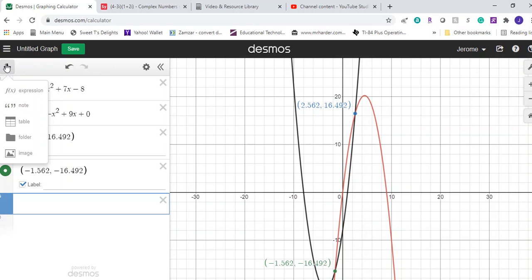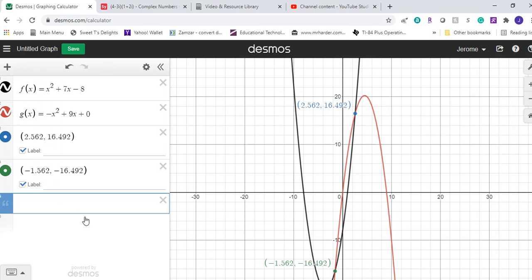So if we were going to put a note here, we would say that x must be, what's that, negative 1 point, well, I guess I should say greater than negative 1.562, but less than, oh, you know what, I forgot, it was supposed to be or equal to. So instead of the greater than, it should be must be, because I forgot the or equal to.